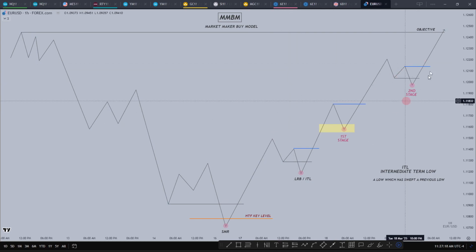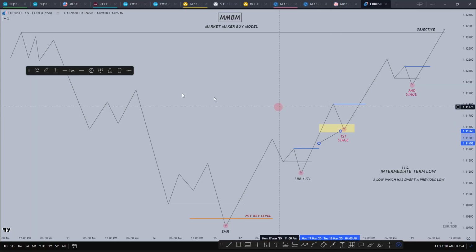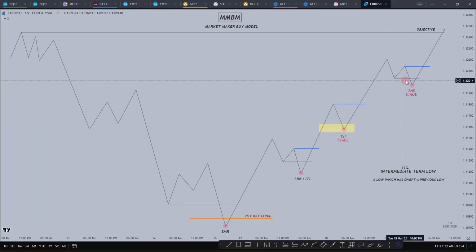If you get confused, just forget about it for the moment. I just got a reminder in my mind, that's why I said. So you want to align SMT at these stages, at the low risk buy, at the first stage, at the second stage. So aligning everything with the side of curve price is on.